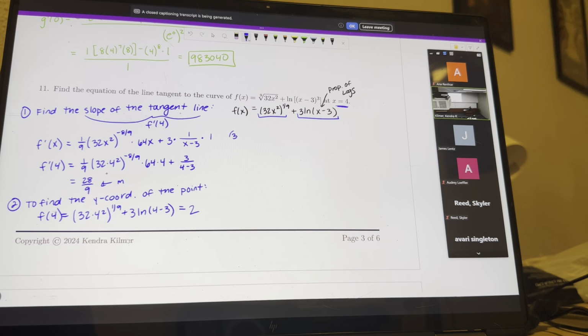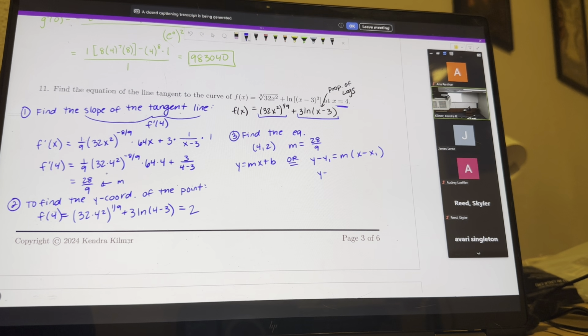Okay, so now we can find the equation, because we have a point (4, 2) and we have a slope 28/9. We can use, like you said, y equals mx plus b, or we can use y minus y1 is equal to m times x minus x1. I'm going to use the second one.